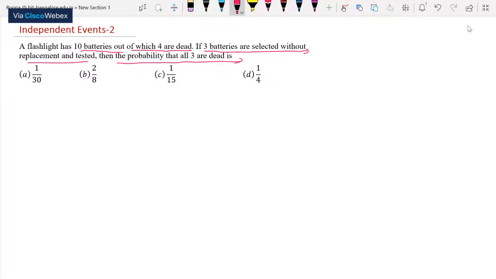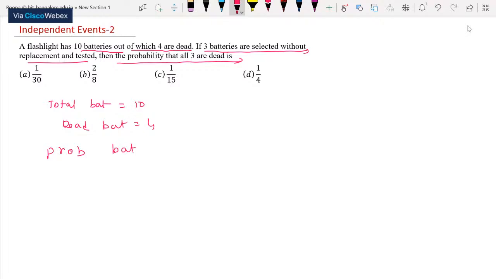Observe carefully here. First, you have to know the total number of batteries. The total number of batteries is 10. The number of dead batteries is 4. What's the probability of a battery to be dead?